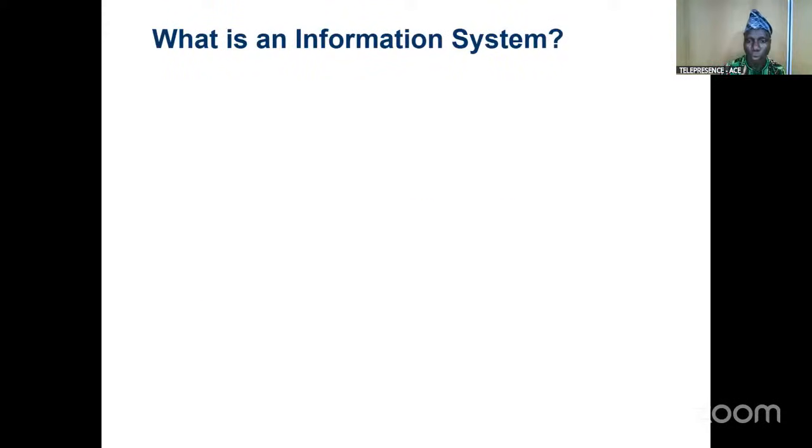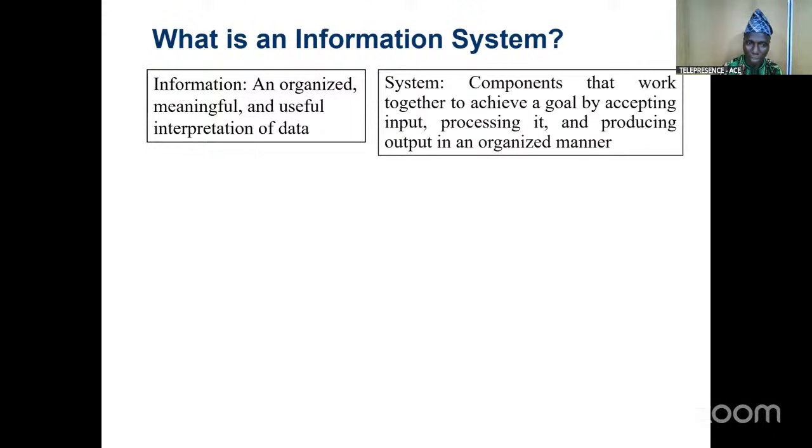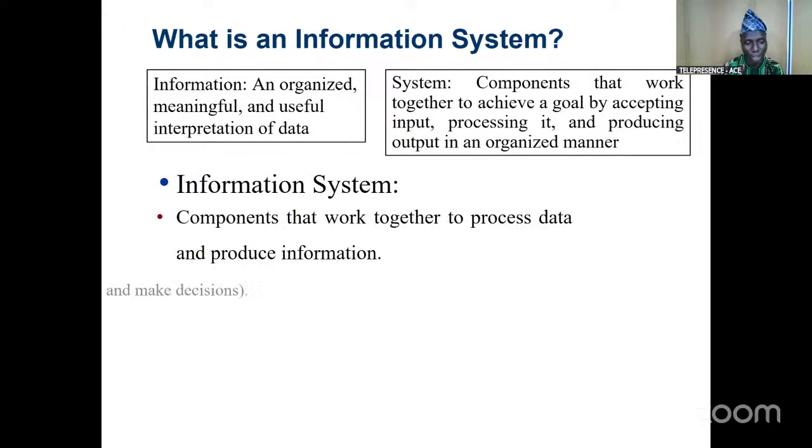So what is information system? We've defined information as an organized, meaningful, and useful interpretation of data. We have defined system as components that work together to achieve a goal by accepting input, process it, and produce output in an organized manner. So what is information system?